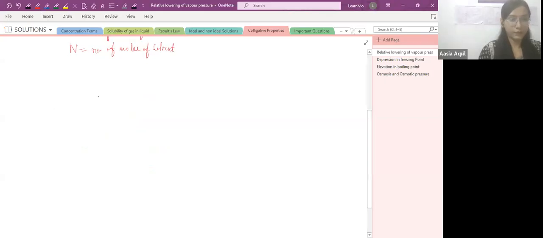Now, one more relation is there, that is M dash equals to W M upon, this is a capital W, right? Into P naught minus P upon P naught.